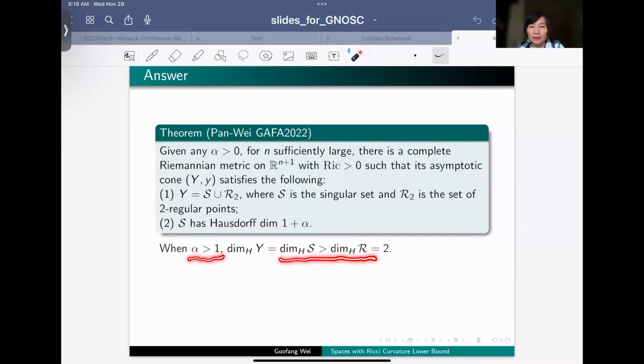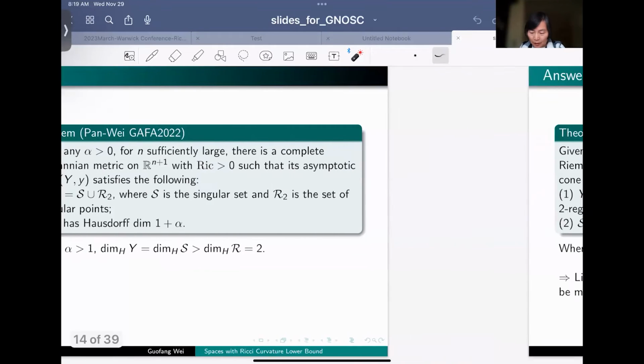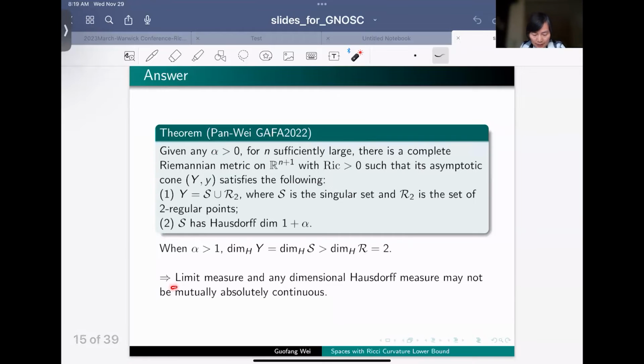This also means that the limit measure and Hausdorff measure are really not absolutely continuous. They behave very differently in this example. Any questions? All right.